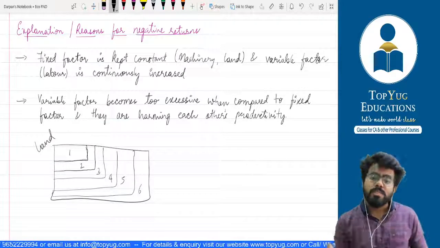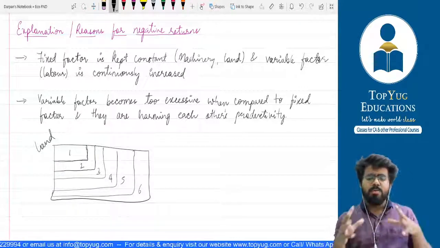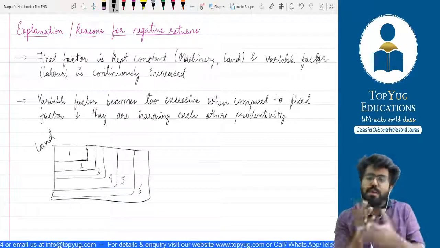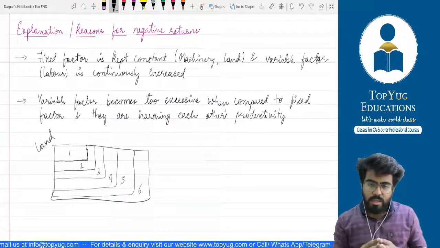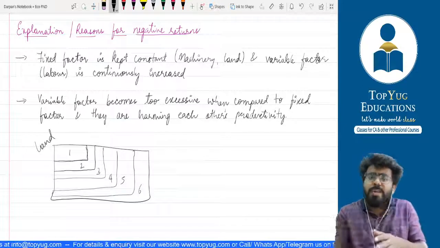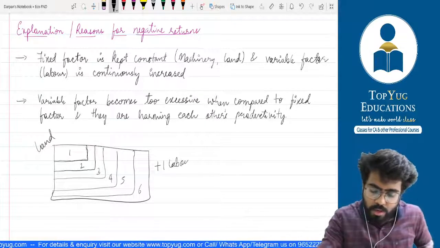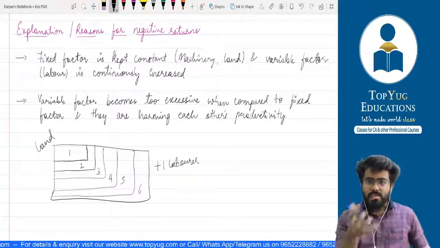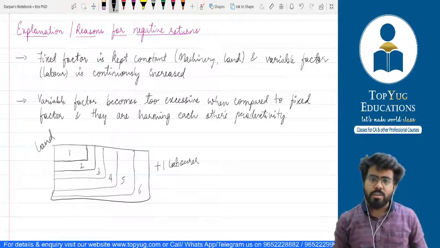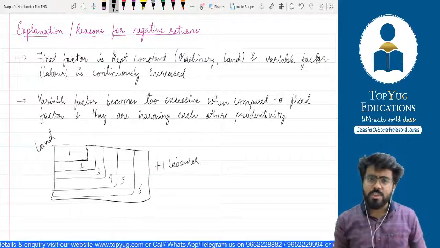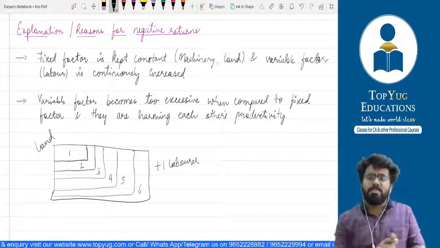Like this I've employed 6 laborers. Now the whole farm field is being plowed by all the 6 laborers. Now if I employ one more laborer, what will happen? Will he be able to add to the total production? Will he increase the production? No, there's no place for him.